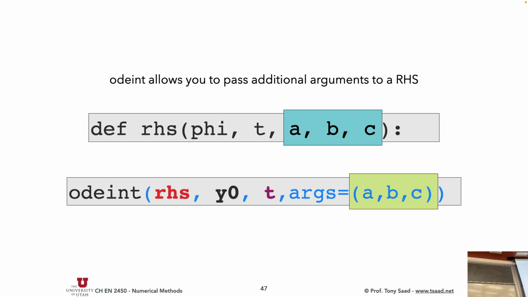Internally, ODEint will always call the right-hand side with the current value of the dependent variable, the current value of time t, and then it will append all of those arguments so that you can call your right-hand side routine without any issues. So it just makes it a little bit more convenient. You might choose to use this feature or not. It's up to you.